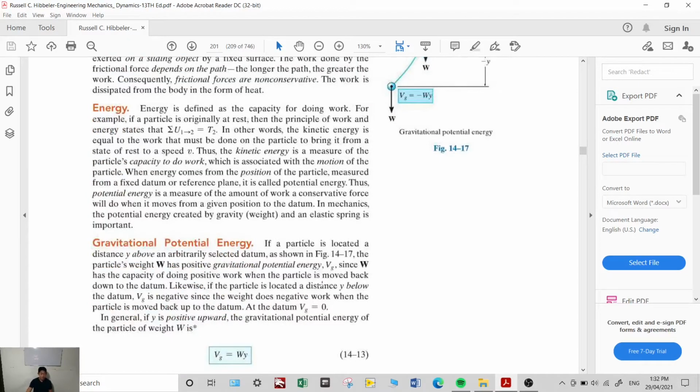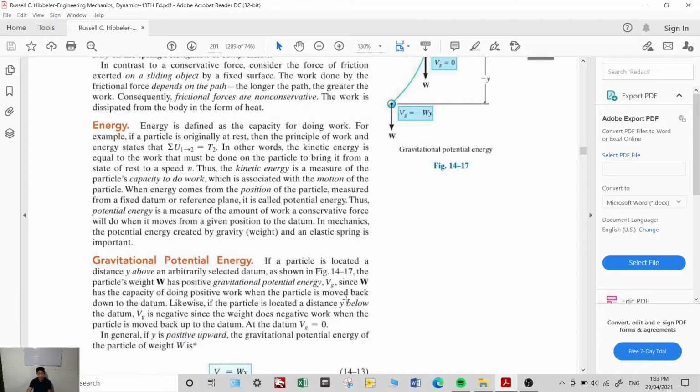There are two types of mechanical energy. First is the gravitational potential energy. The gravitational potential energy is dependent on the height or the elevation of the object with respect to the datum.